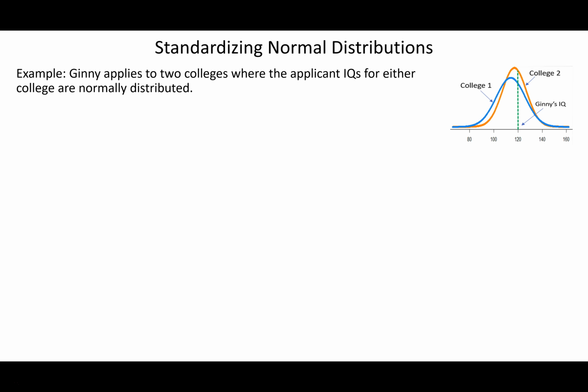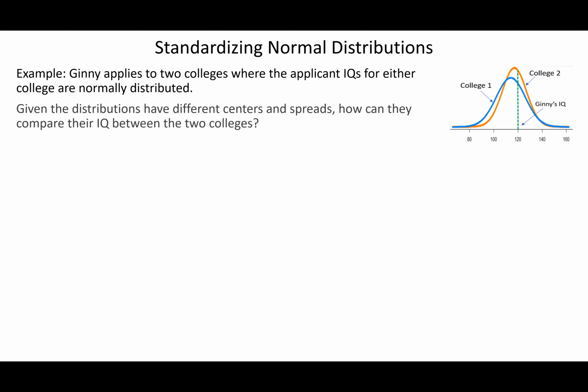So they want to compare how Ginny does relative to the other students at both colleges. We are assuming here that the IQs of applicants to both colleges are normally distributed. However, they're not the same distributions. They have different averages, maybe different spreads.